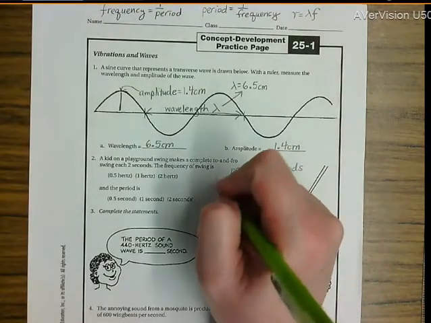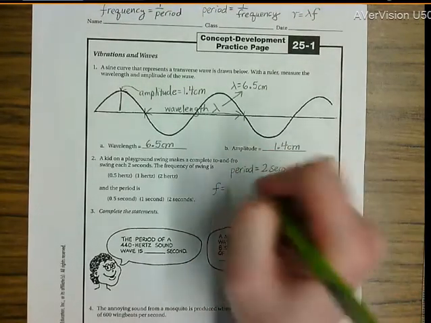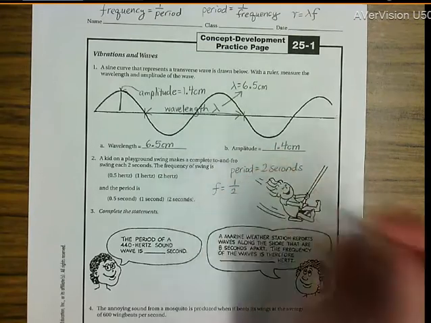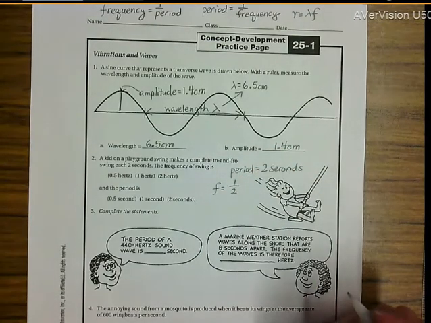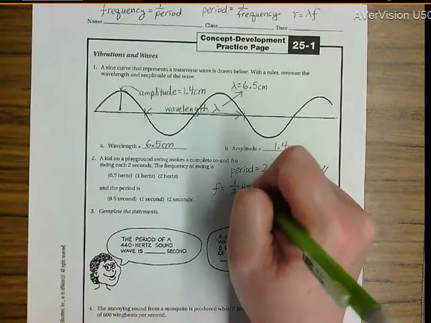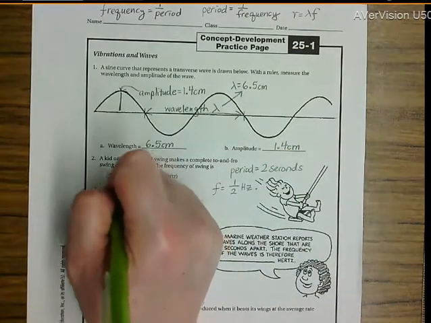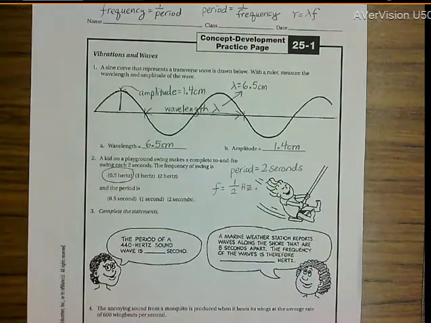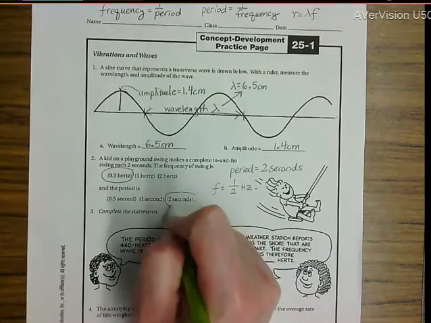So the frequency is going to be 1 over our period, which is 2. So 1/2 hertz. Our frequency is 1/2 a hertz, and our period is 2 seconds.